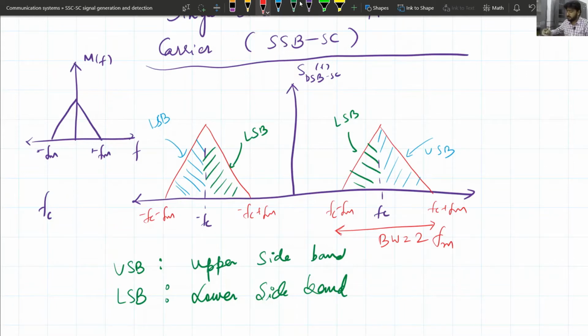We know that both the lower sideband and the upper sideband are symmetrically related to each other. That means if we know one of the sidebands, then we can also generate the other. We don't need to transfer both the sidebands.